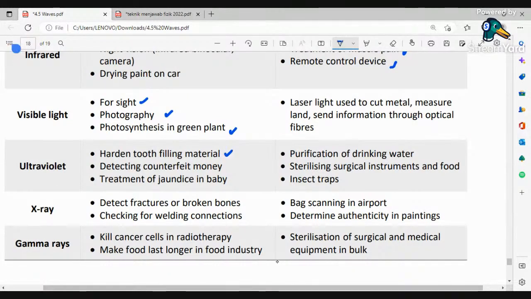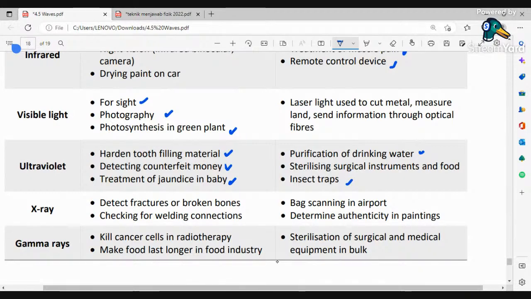If you have met a dentist, they use a kind of light, slightly purple in color, that is ultraviolet. Detecting counterfeit money. Treatment of jaundice in babies, there is also a purple jaundice lamp. Purification of drinking water. Sterilization of surgical instruments and food. Insect traps. Okay, so this is ultraviolet.